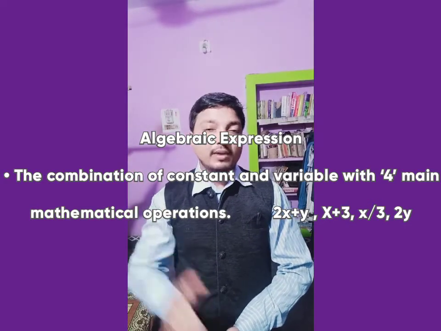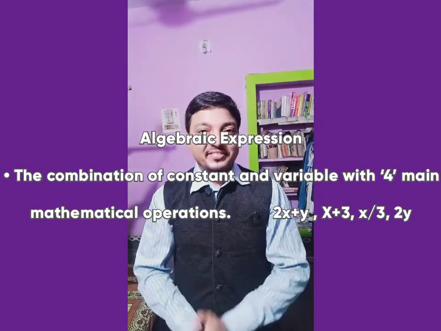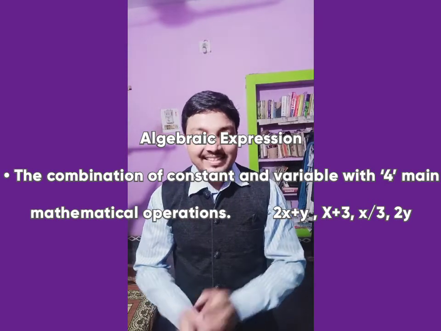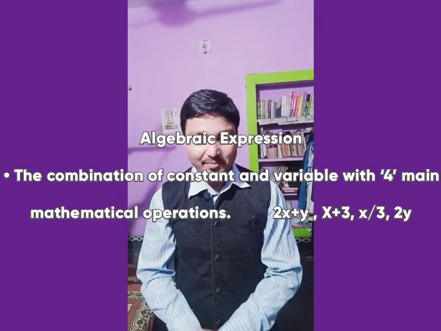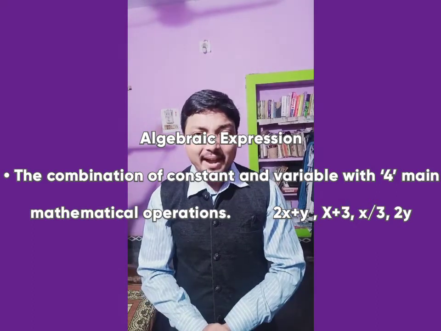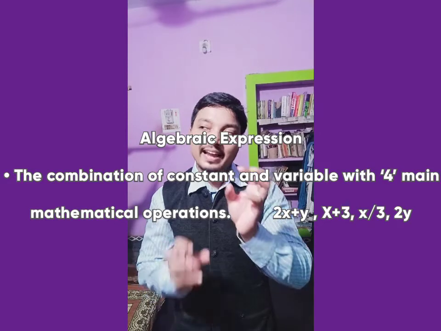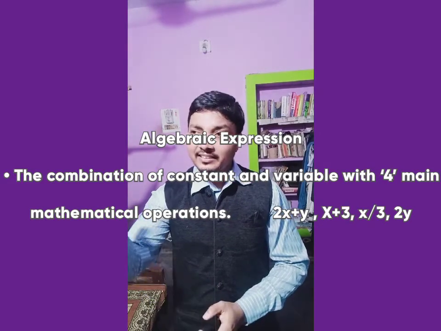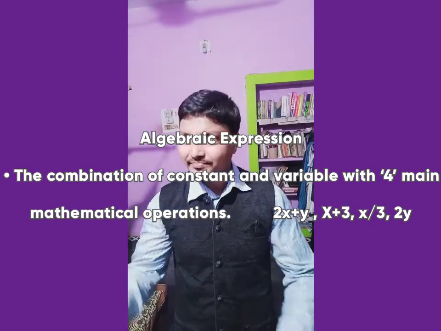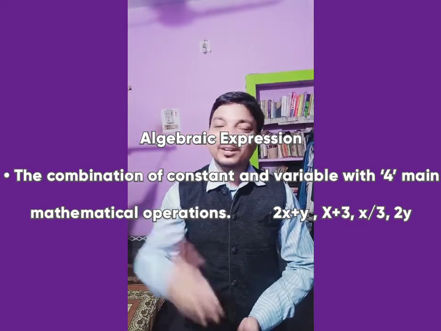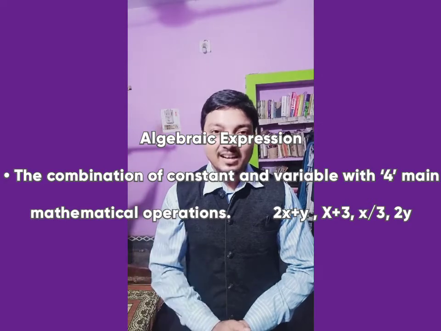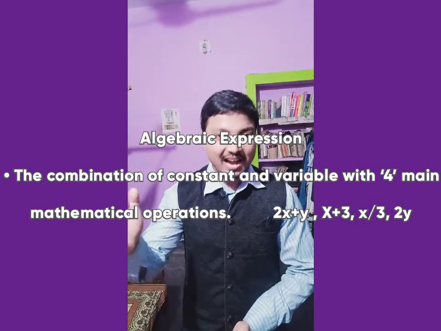Then x plus 3: x and 3, a variable and a constant, added with the plus sign, which means addition. Next one is x divided by 3. It means a variable and a constant, and the operation applied here is division. And the last example I have given you is 2y. 2y means only the multiplication operation has been applied here.